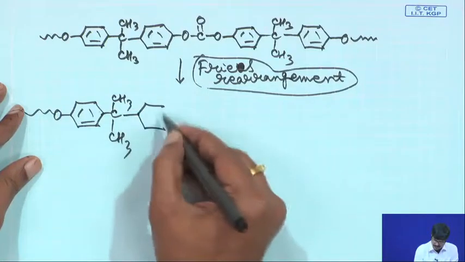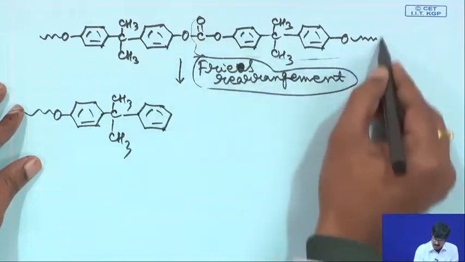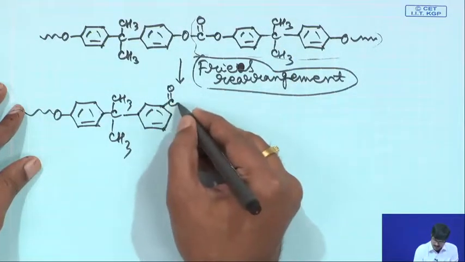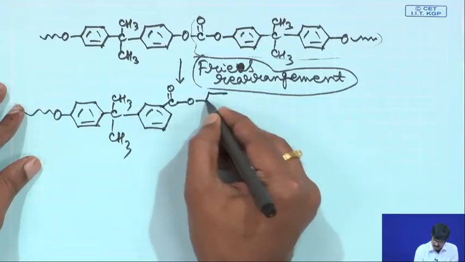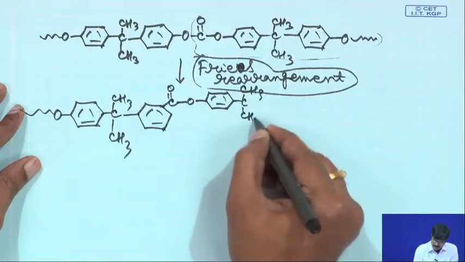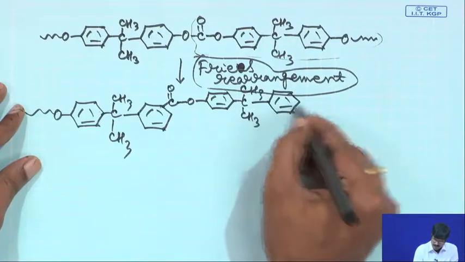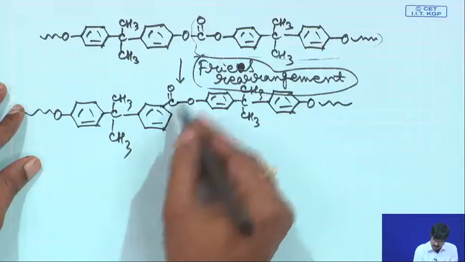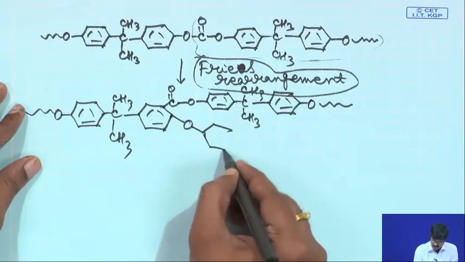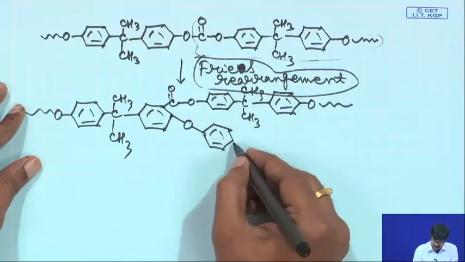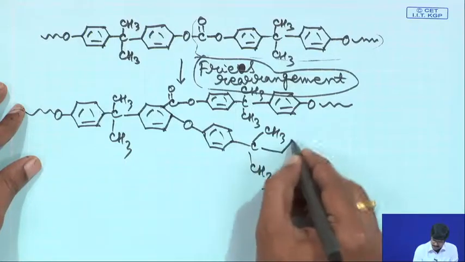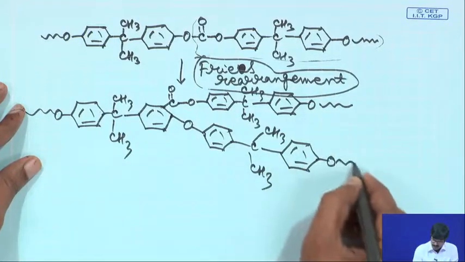So, this will go here. Basically you will have this C double bond oxygen O, CH3, like this, and here you will have the chain.